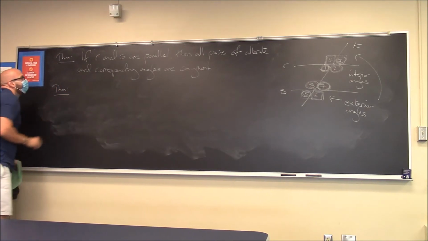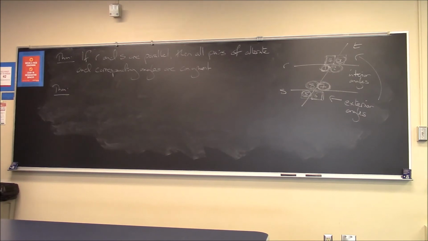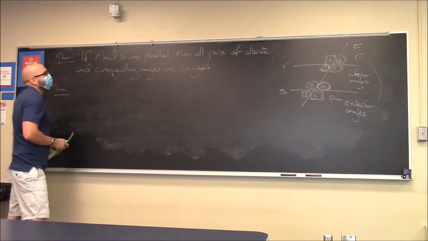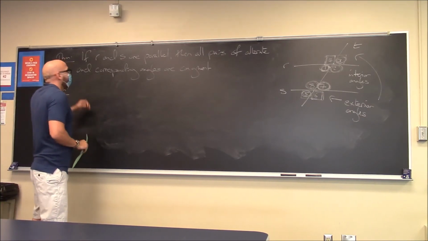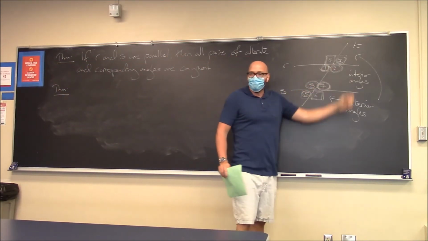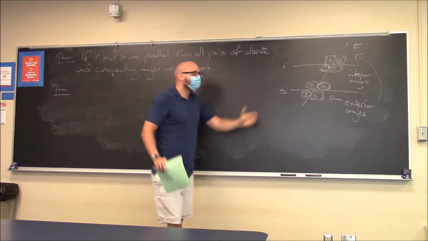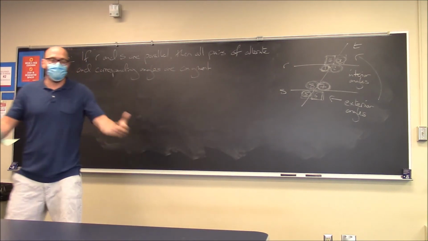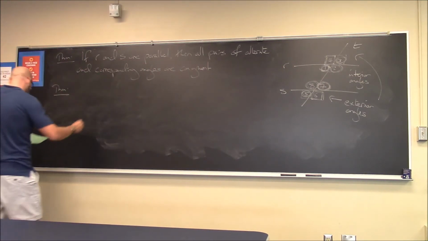And the converse is also true. In fact, you don't even need as much. For the converse, all you need is a single pair. If you can find a single pair that's congruent, then all of them are, and therefore R and S are parallel.